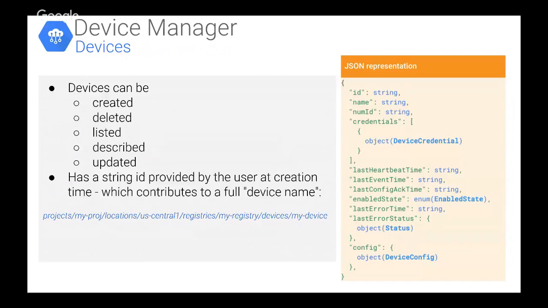And if you look at the right of this slide, you can see what happens after you produce a device. So you create a device, and then a response body will come back with all of this great metadata about that device. And that metadata is possible because we know which device has connected at which time. And so we have things like heartbeat, and we have things like the last time a configuration was transmitted to a device inside of device metadata.